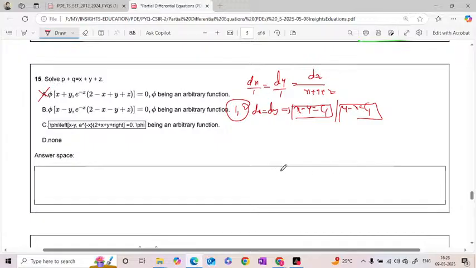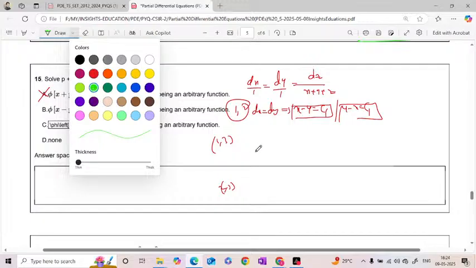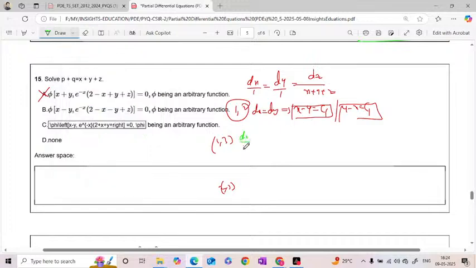Next, come to the second solution. Here you can take the 1, 3 option or the 2, 3 option also. If I am taking 1, 3, then what will happen? You can club the x, y, z terms. That means here already we have y minus x is equal to constant. So 1, 3: dx by 1 and dz by x plus y plus z.